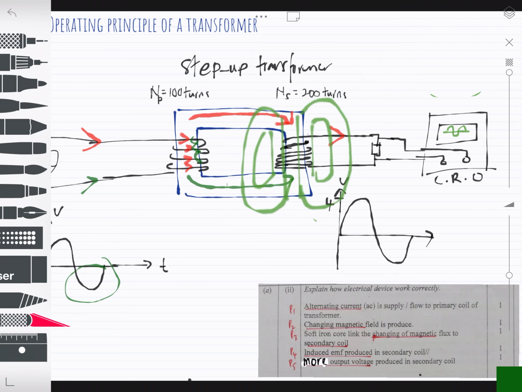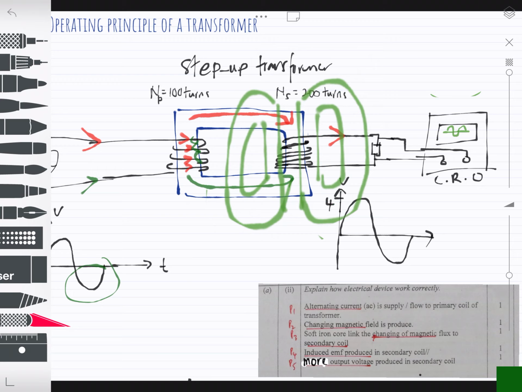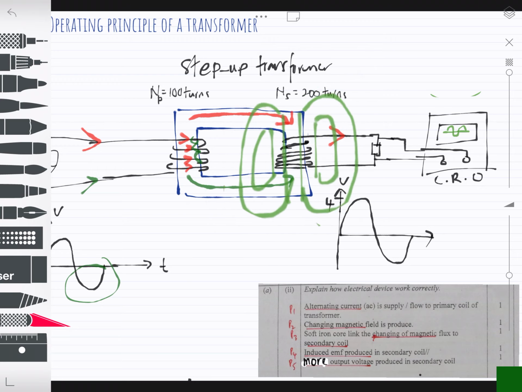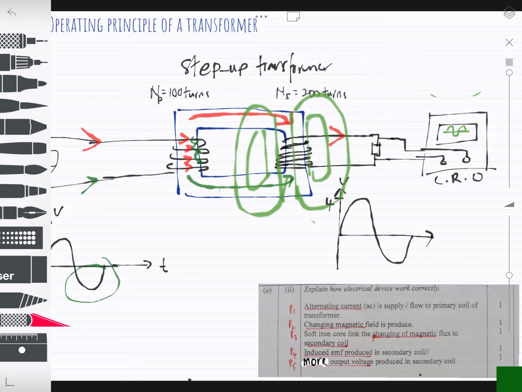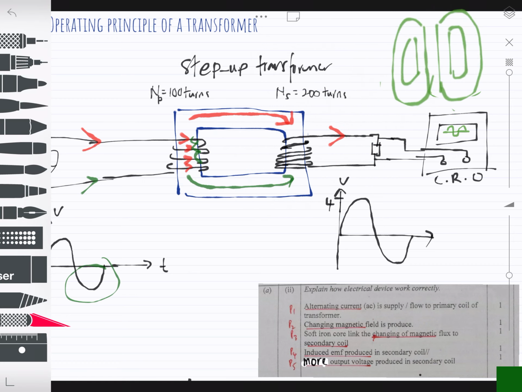Now you can see it grows and it collapses, grows, collapses. While this process is happening, it will cut the secondary coil. As a result, induced current is produced here. Now it will flow in the opposite direction from the secondary coil compared to the first half cycle.